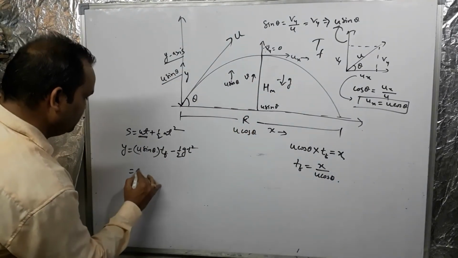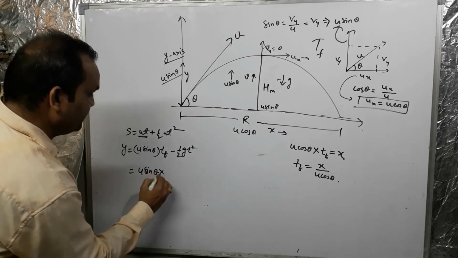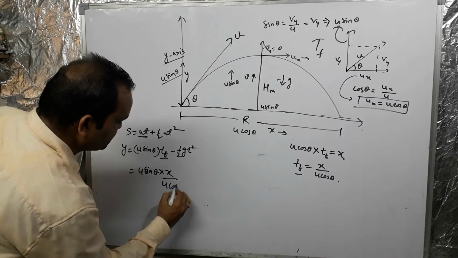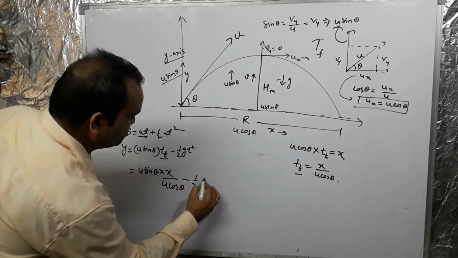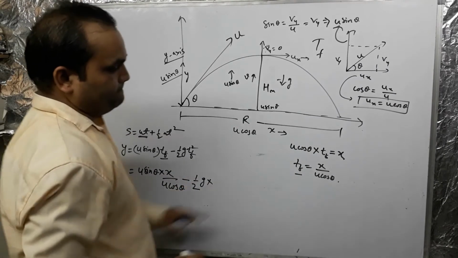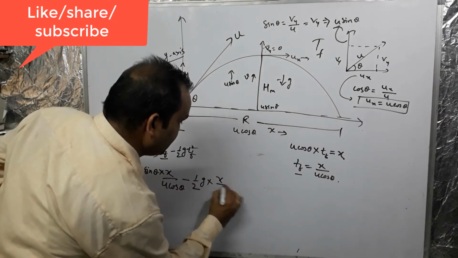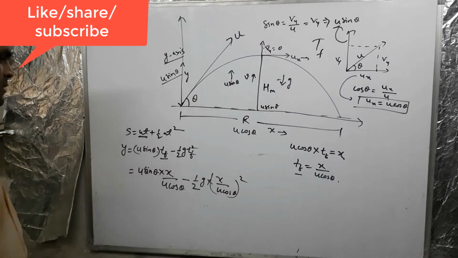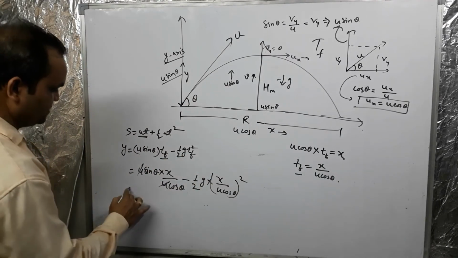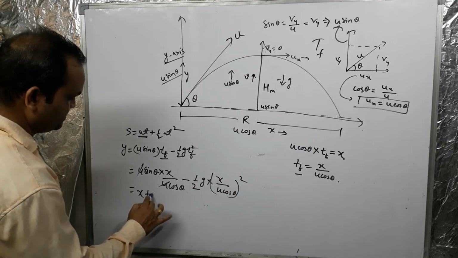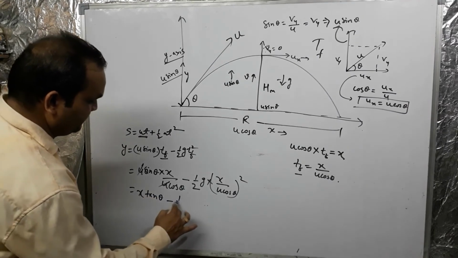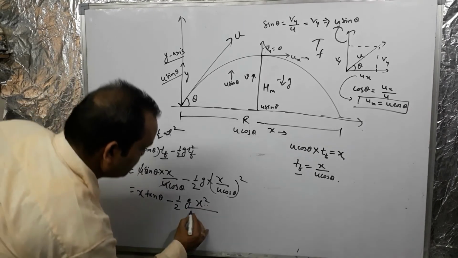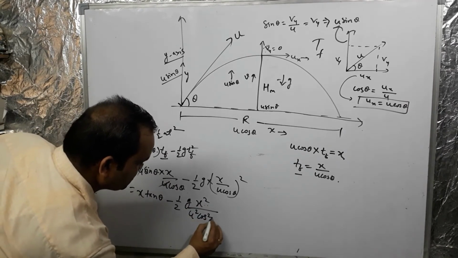Put here u sin theta into t, which is x upon u cos theta, minus 1 by 2 g, and t is again x upon u cos theta. Put it here, and after squaring and cancelling out, y is x tan theta minus 1 by 2 g x square upon u square cos square theta.